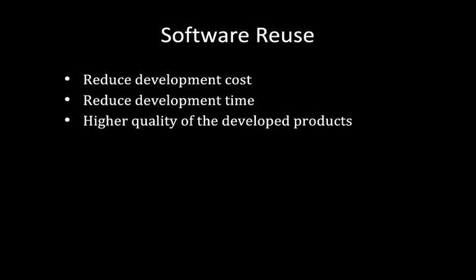Since we are using an already developed component that has already been run in some other software, if there were bugs in it, they will have been eliminated, and these components will be bug free, so we can directly use them. So the software being developed now will be of higher quality because we are using components that have already been run in other software.